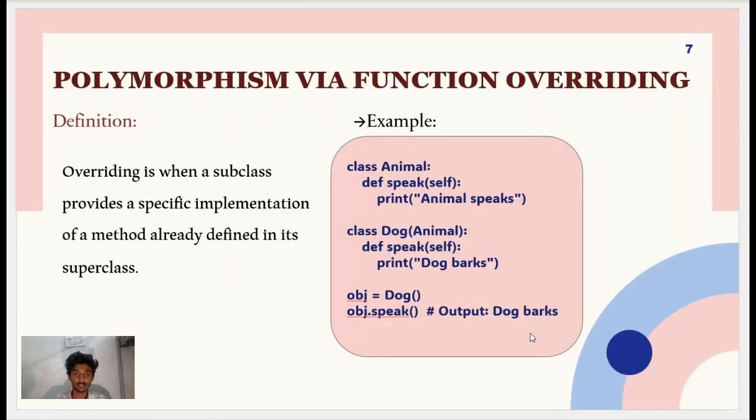Then we need to discuss polymorphism via function overriding. The definition: overriding is when a subclass provides a specific implementation of a method already defined in its superclass. This is the example code for polymorphism via function overriding. Here we have a class named Animal with def speak, so the animal speaks.